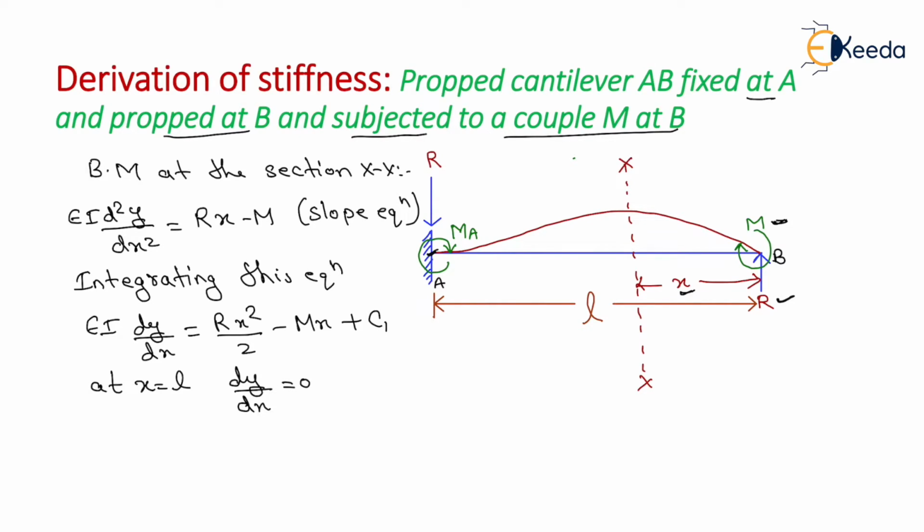So if we put this value in this equation, we will get 0 is equals to RL square by 2 minus ML plus C1. So what will be the value of C1 from here? We will get C1 is equals to ML minus RL square by 2. Okay students, so we have found the value of C1.